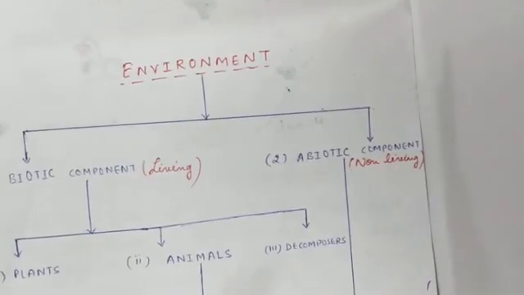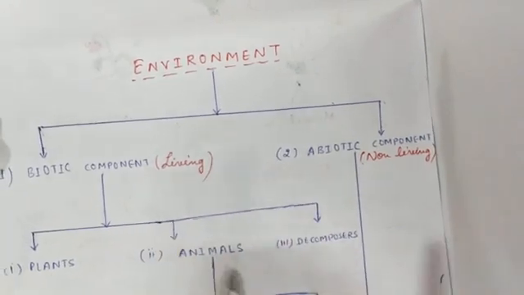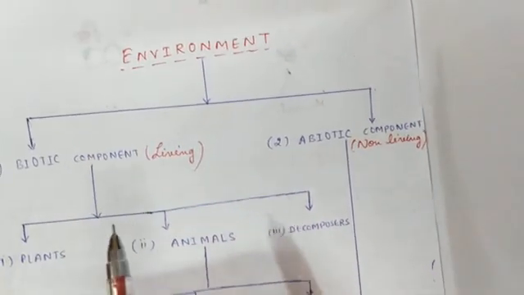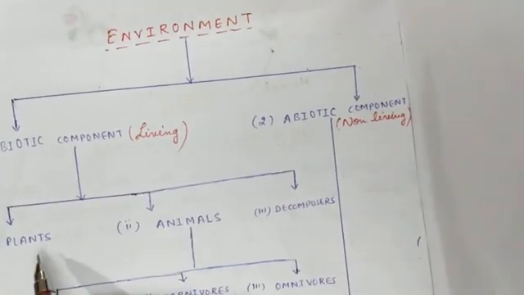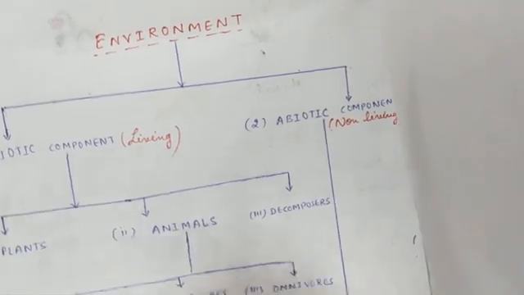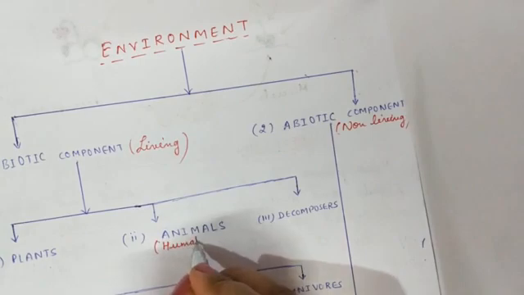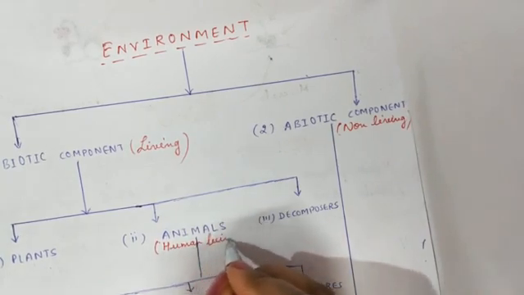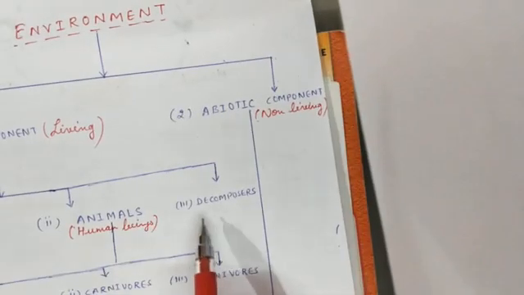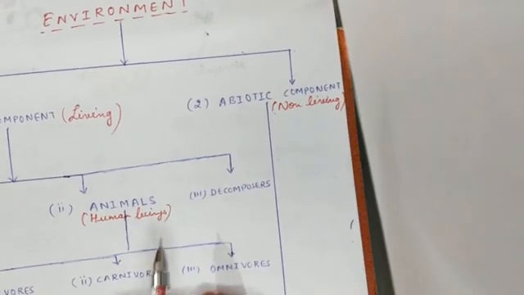Now, the living things we see in our environment can be plants, animals including human beings, and decomposers.